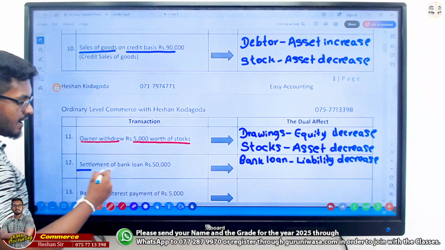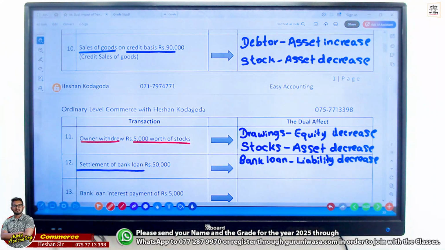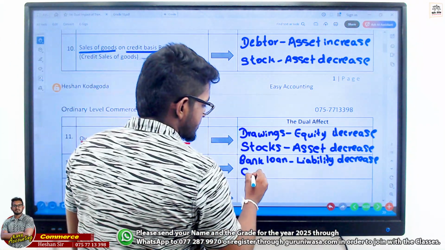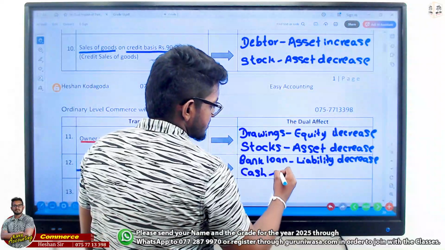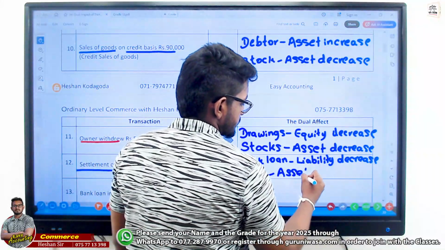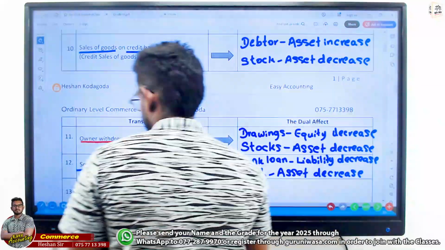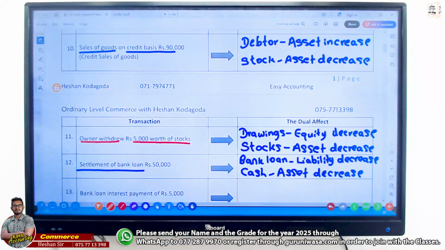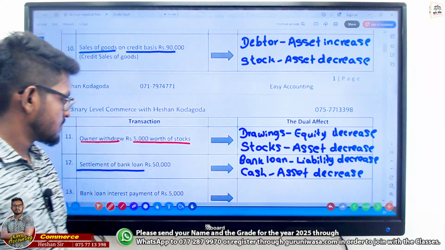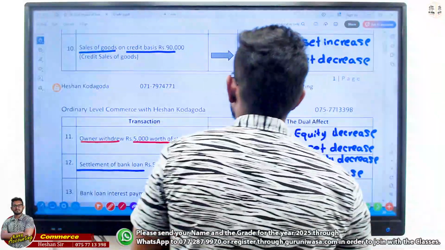When we are settling the bank loan, liability decreases. We are giving cash, so cash asset decreases. Right? Write the same thing in here.